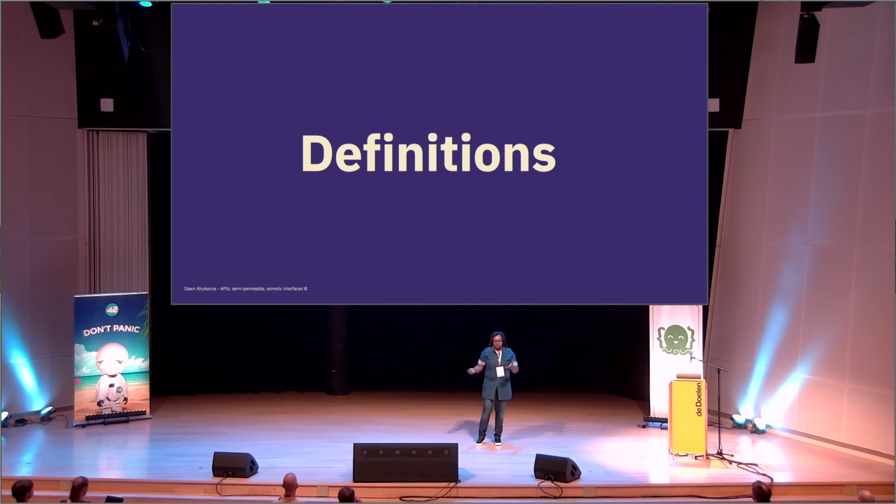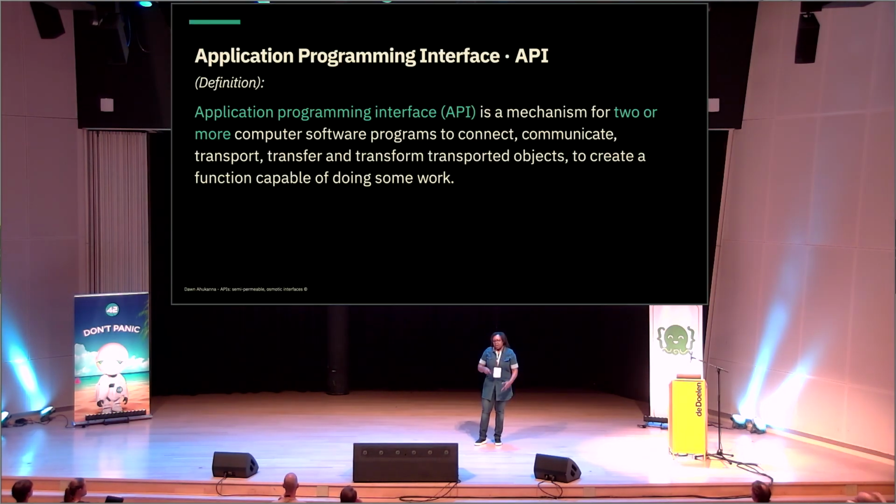So now, let's get into definitions. Everybody knows this one, but I just want to make sure that we're all aligned. An application programming interface, API, is a mechanism for two or more computer programs plus a person, that bit is missing in there, to connect and communicate, transfer, transport, transform objects to create functional capability to do some work.